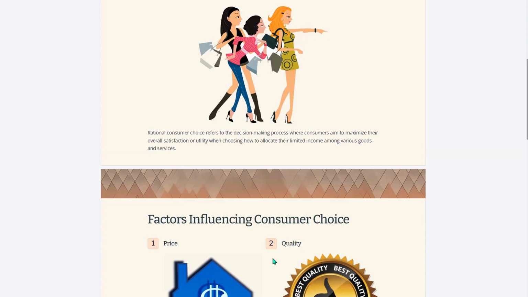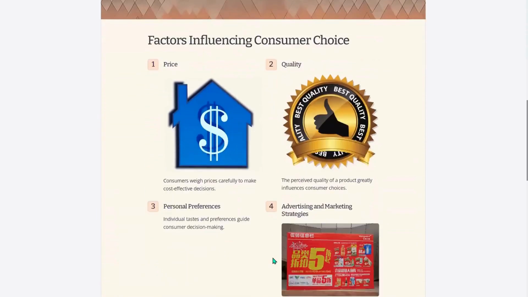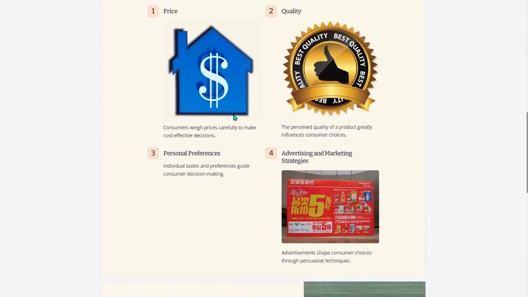What about advertisement and marketing? If there are a lot of advertisements for a product, consumers may be led to purchase the good. Absolutely. Necessity as well: if there is a need for a product, then absolutely. Even advertisement influences you. Friends and people around you influence you. Correct? So these are certain factors that might influence your choice.